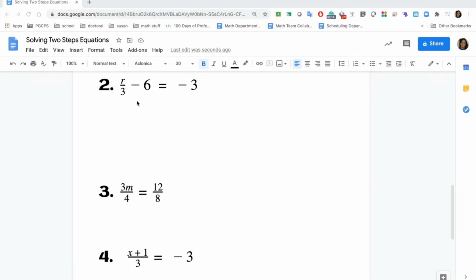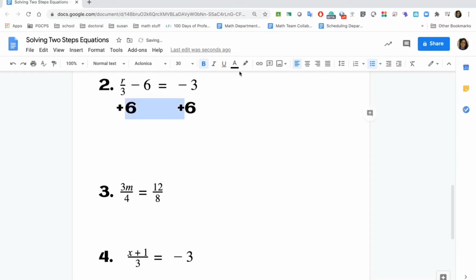Now let's answer the second equation. r over 3 minus 6 is equal to negative 3. Again, there are two operations involved. These are subtraction and division. So let's undo subtraction first. We add 6 to each side of the equation.